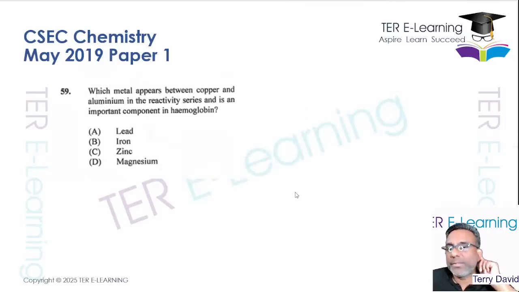Question 59. Which metal appears between copper and aluminium in the reactivity series and is an important component in hemoglobin? I just spoke about hemoglobin there.